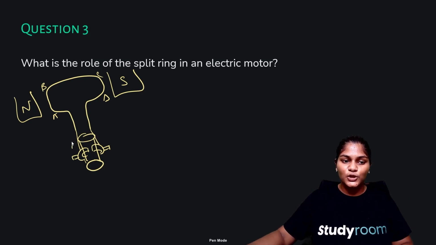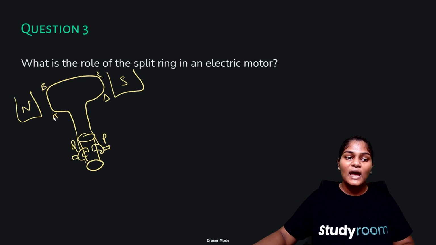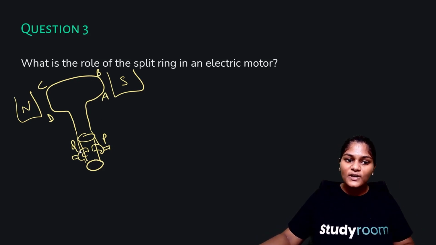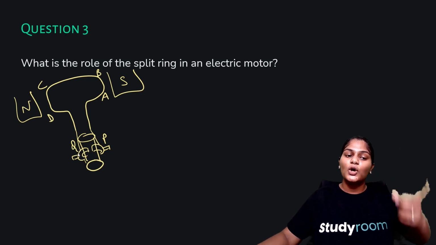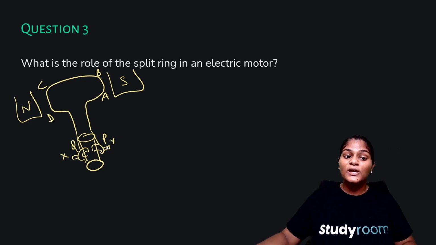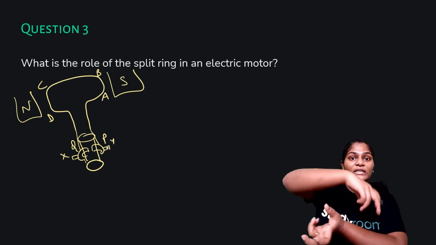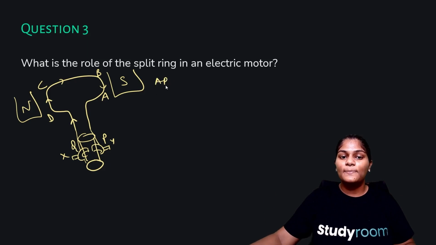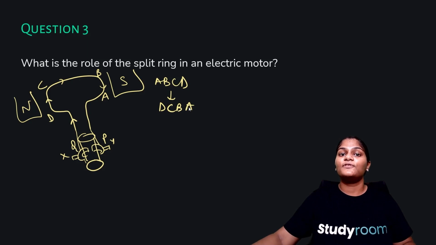This becomes Q, this becomes P, and the coil becomes D, C, B, and A, right? That is when the direction is reversed, because Q comes in contact with this brush X. Because this half ring rotated and changed its position, the direction of current in the coil reversed from A, B, C, D to D, C, B, A after reversal.